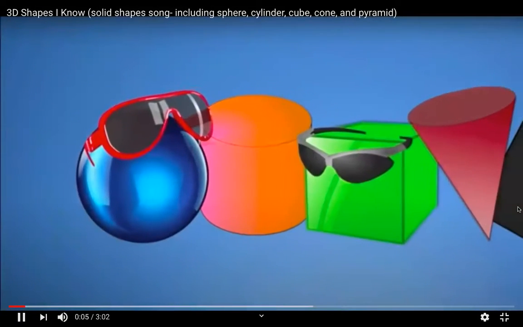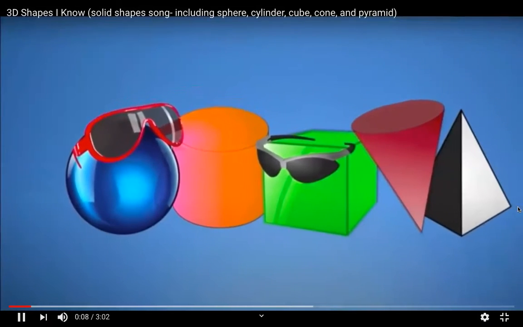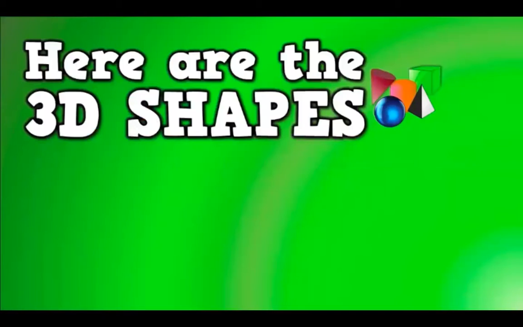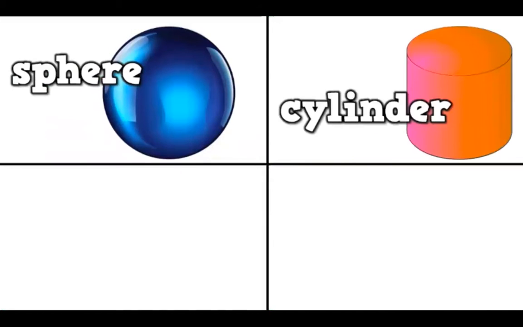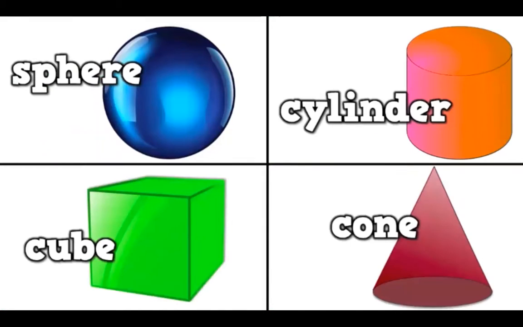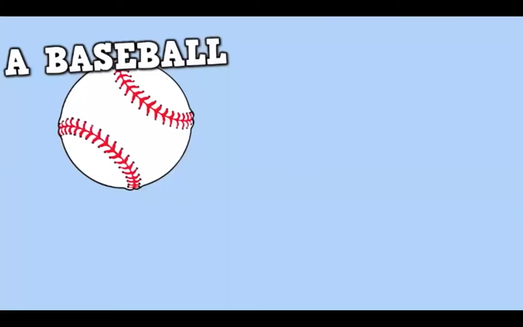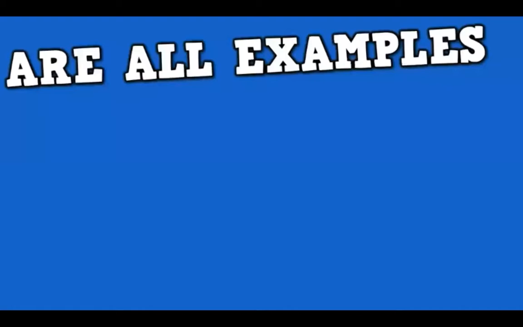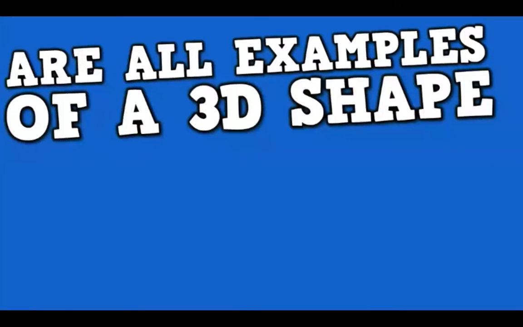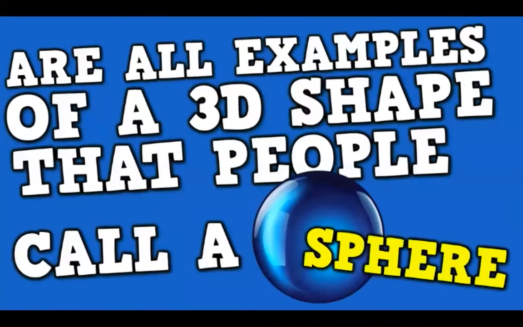I'm a 3D shape expert. Here are the 3D shapes that I know. A sphere, a cylinder, a cube, and a cone. A baseball, the moon, and an orange are examples of a 3D shape that people call a sphere.